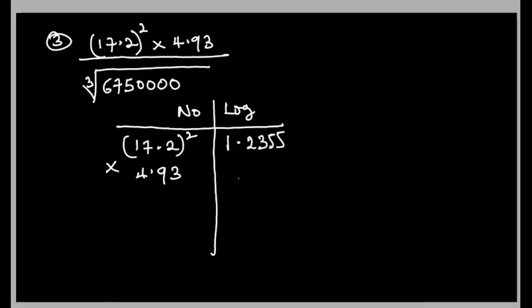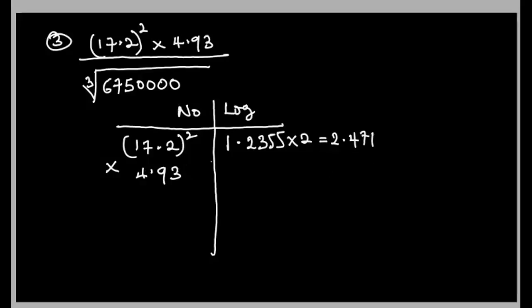And now, since we have a power there, we multiply by 2. Multiplying by 2 on your calculator, you have 2.471. And now for the next number here, the whole number is 4.